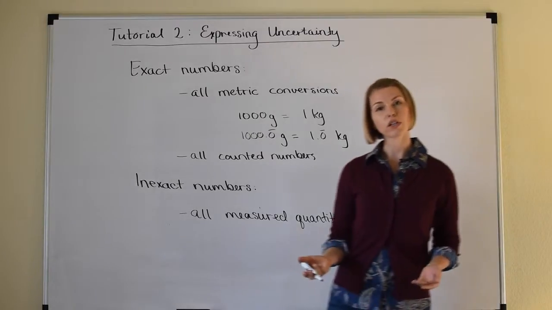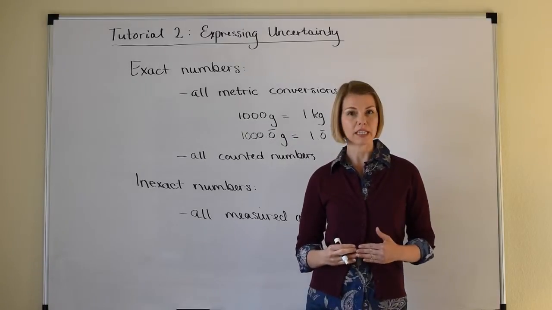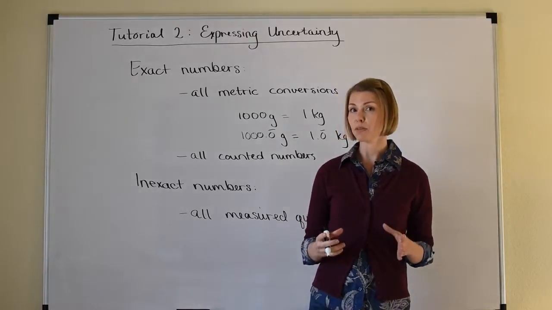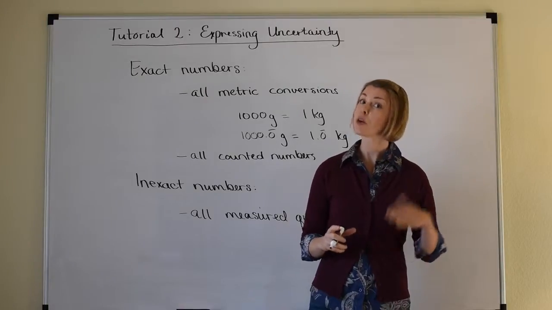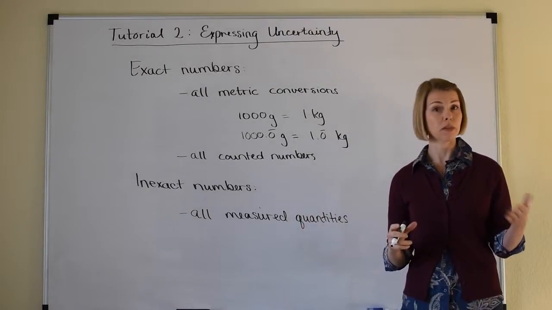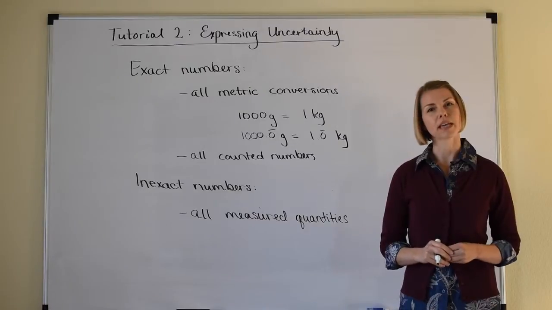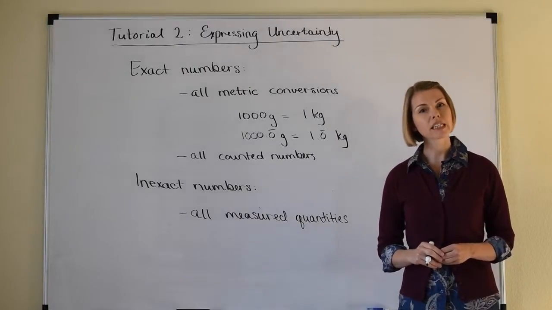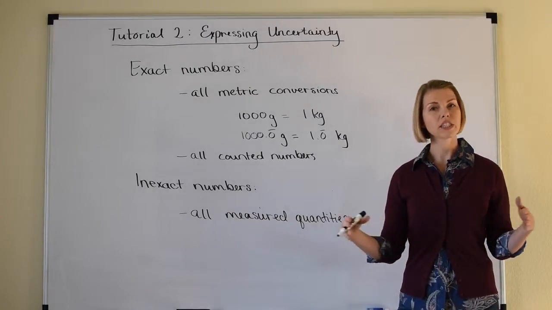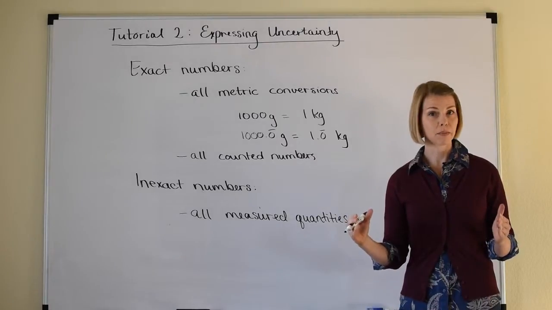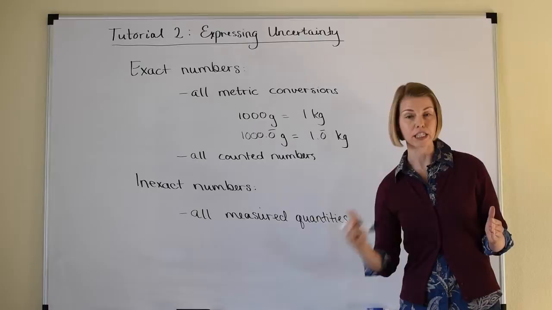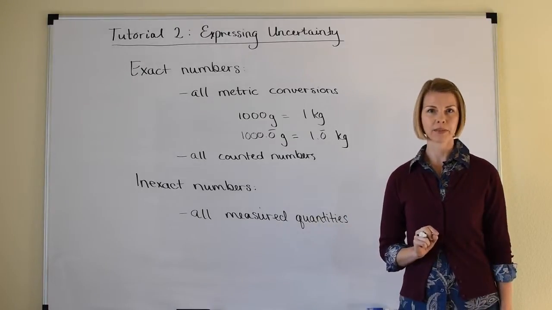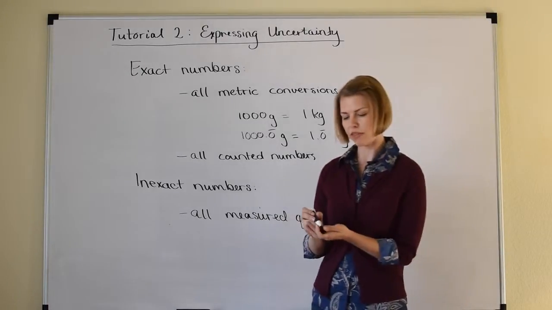So it's very important when you're recording a measurement that you record that measurement in such a way that you are reflecting the precision of the instrument that you use to make that measurement. And we do this by recording all of the digits that are known with certainty plus one additional estimated digit.